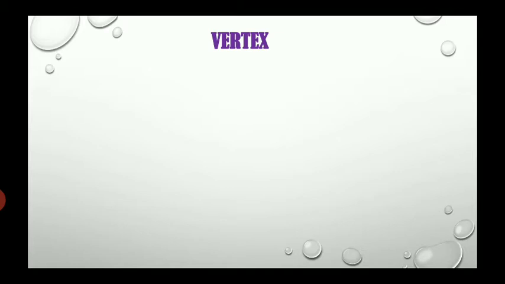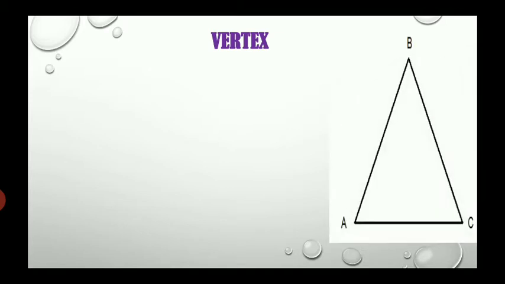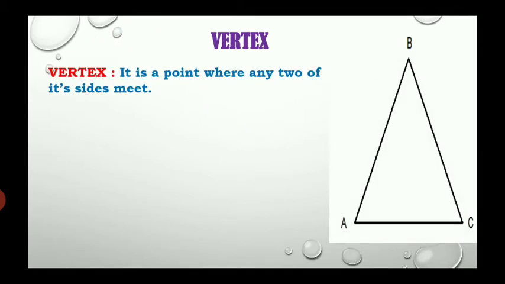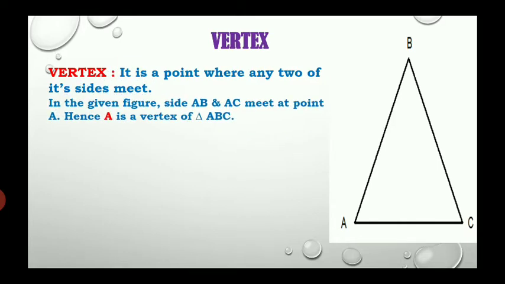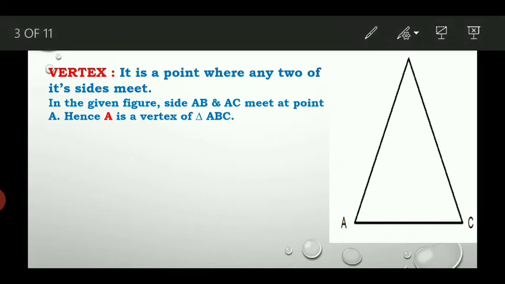Vertex. What is a vertex? A vertex is a point where any two of its sides meet. In the given figure, sides AB and AC meet at point A. Now which one is AB?